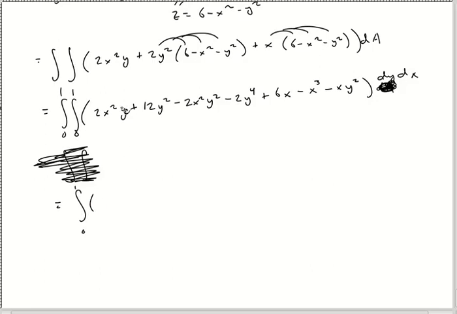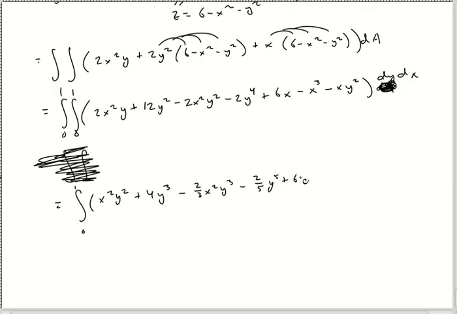Y squared over 2, the 2's cancel, so x squared y squared. Here we got y cubed over 3. The 3 cancels with that to make a 4, y cubed. Here I got the divide by 3, so 2/3 x squared y cubed. Here I got the 5th, divide by 5, so 2/5 y to the 5th.